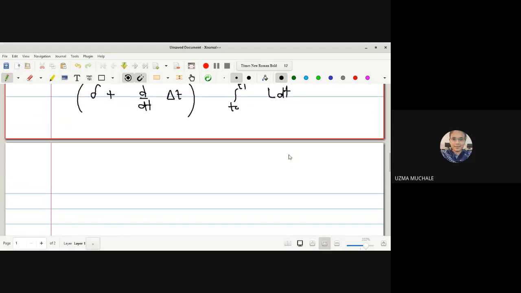From the last lecture I have simply written the relation between capital delta and small delta. Now let us evaluate this: integration t naught to t1 of the variation of L dt, plus d by dt of capital delta t integration t naught to t1.